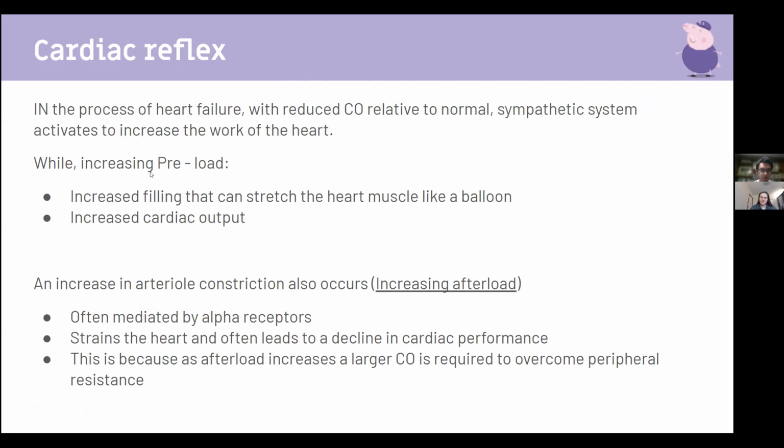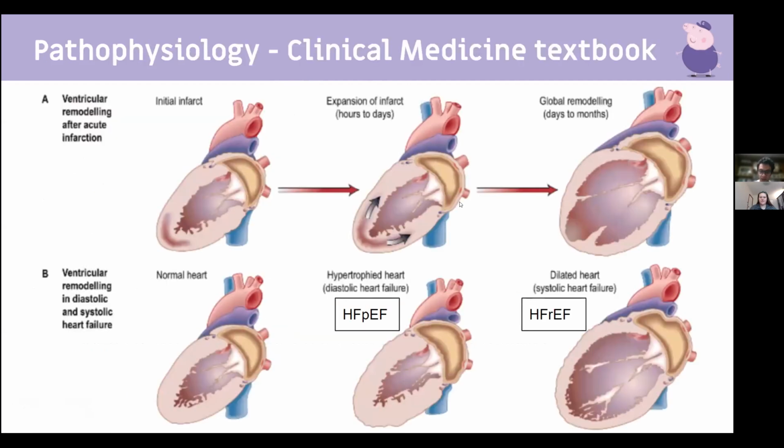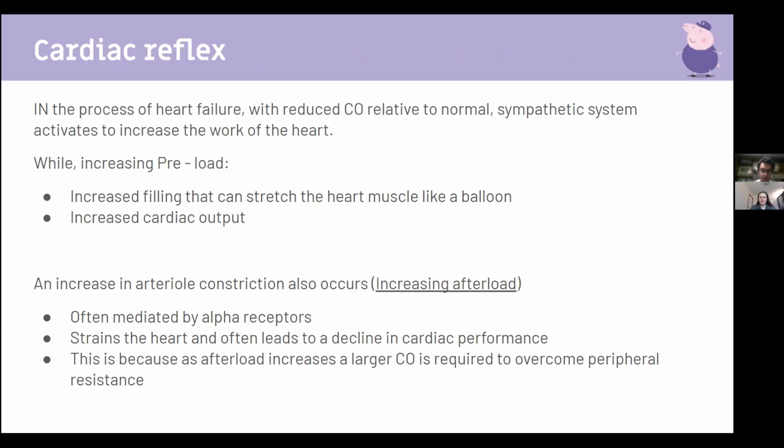By increasing the preload, it increases filling that can stretch the heart muscle like a balloon, in an attempt to cause increased cardiac output. But if you can remember, when we mentioned the Frank-Starling mechanism, there was a peak. And when you were stretching it further past that peak, the heart couldn't pump as much because the muscles were being stretched too much to have optimal contraction.